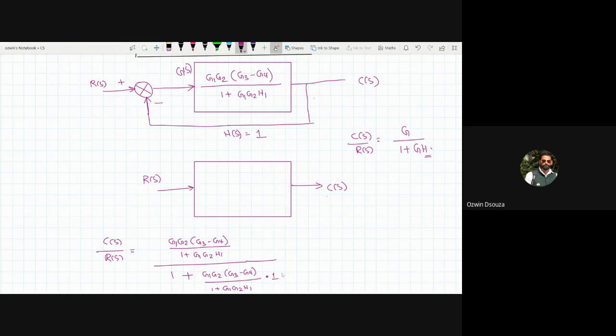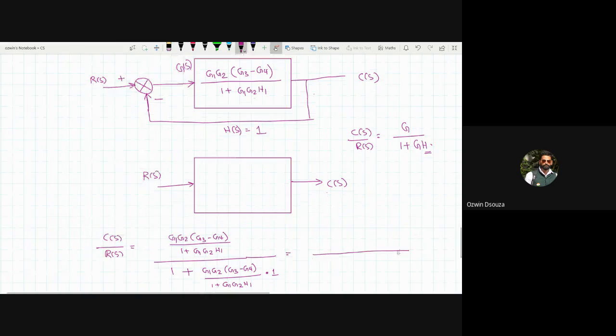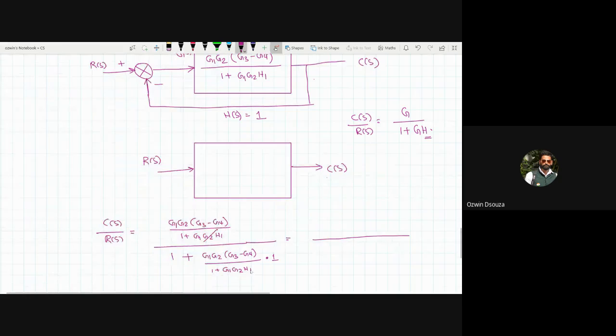H of S is 1. So if you simplify, what you get is something of this kind, right? So this denominator gets cancelled. So in the numerator, you have G1, G2, G3 minus G4. And in the denominator, you will have 1 plus G1, G2, H1 plus G1, G2 into G3 minus G4.